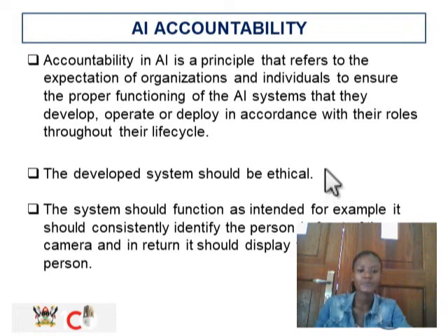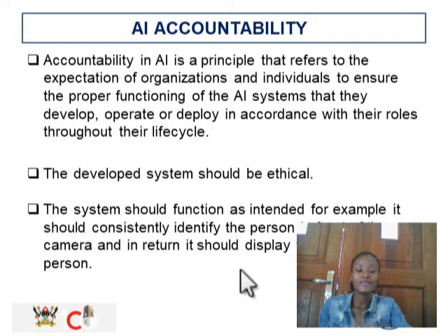How is it going to be applied in our project? We have to ensure that the system functions as we intended it to. It shouldn't bring outputs that are not in response to what we expect it to do.